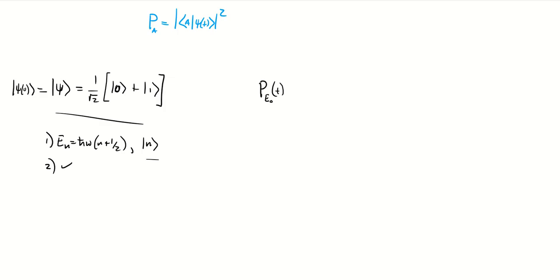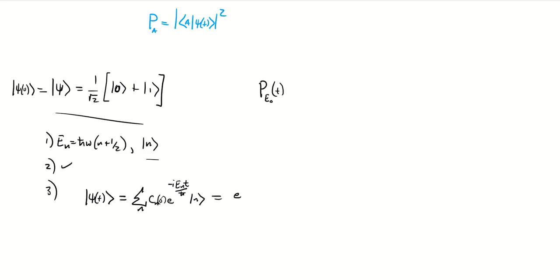The third step is to add the phase factors. So our time-dependent wave function is the sum over n of C_n at t equals 0 times e to the negative i E_n t over h bar times those |n>'s, like we said above. In this case, C0 is 1 over root 2 and C1 is 1 over root 2. Everything else is 0.